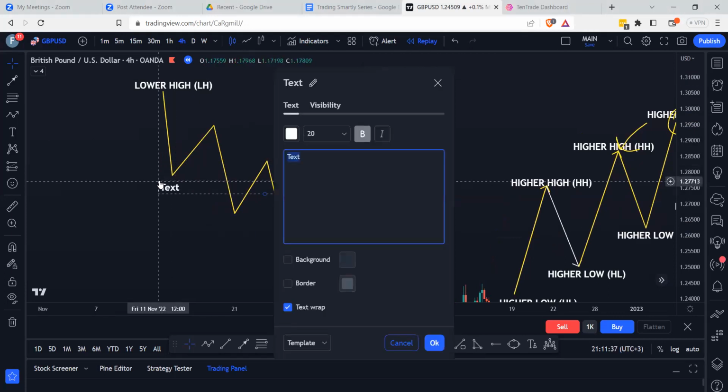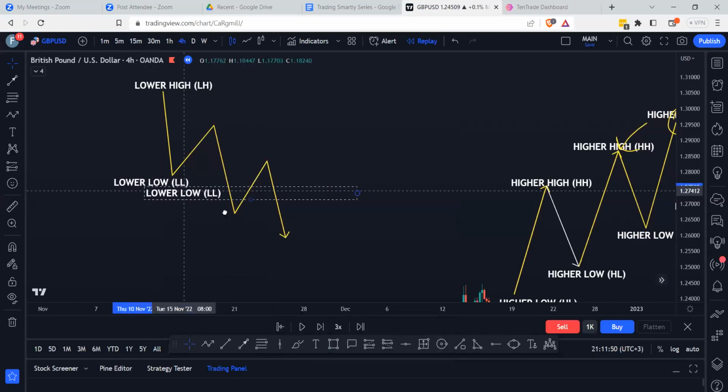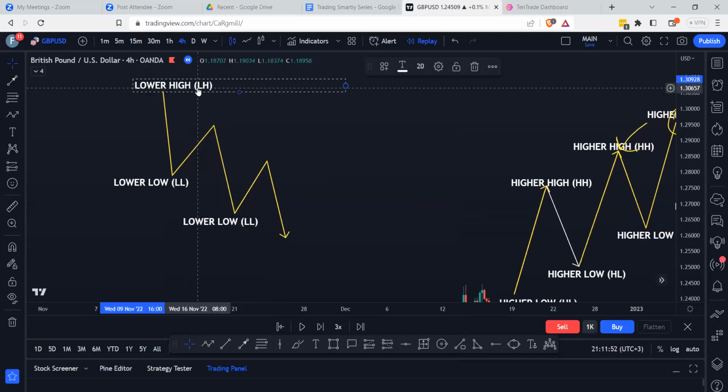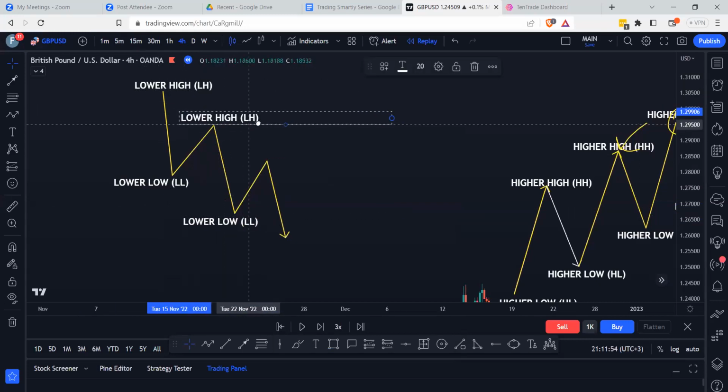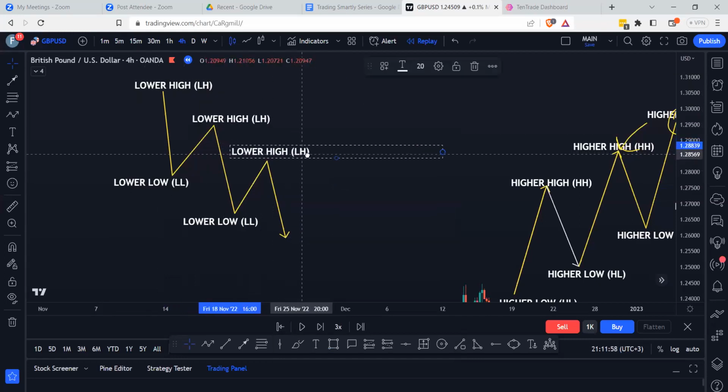This is your lower low, LL. Okay. So this is lower low, lower high. You get the gist now, right?